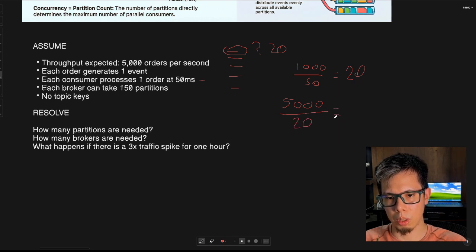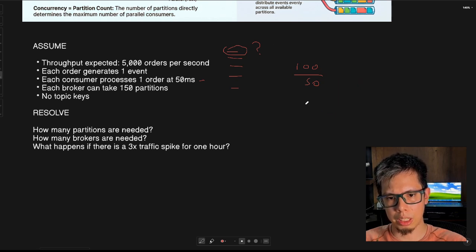Okay, I can have the calculation here, and the result is 250. So 250 jobs are necessary, each consuming 20 orders per second. That means that it will consume a total of 5,000 orders in a single second. So that is our answer. 250 partitions are necessary, right? So that is the first question.